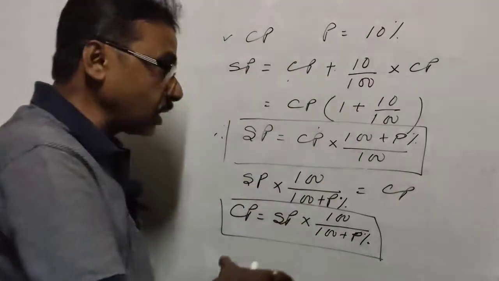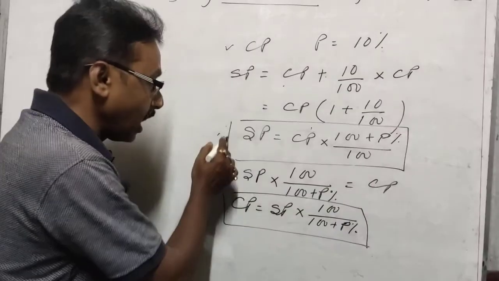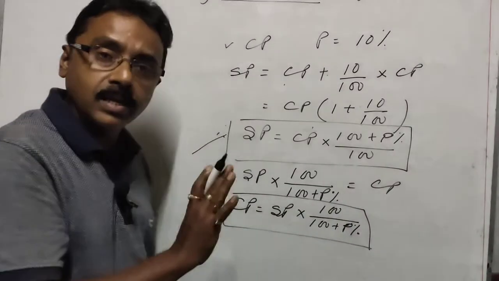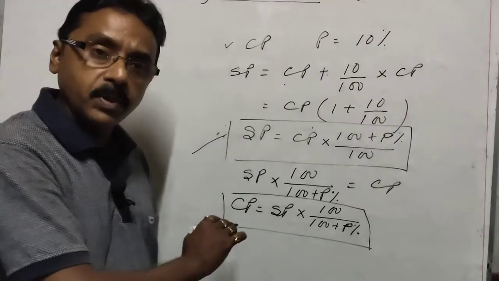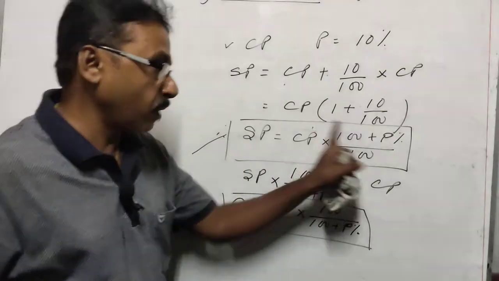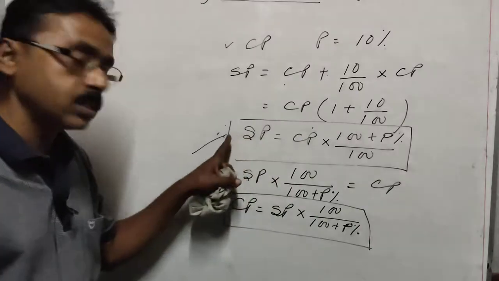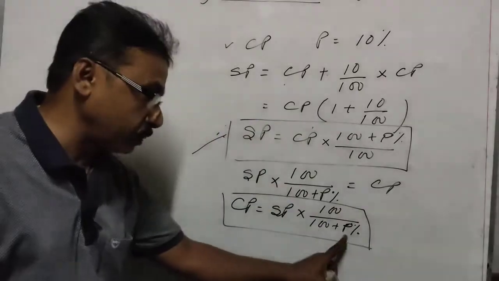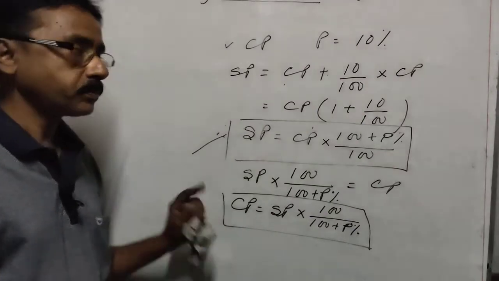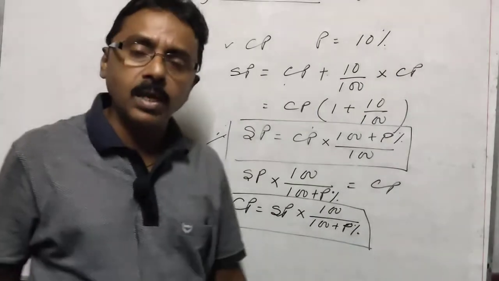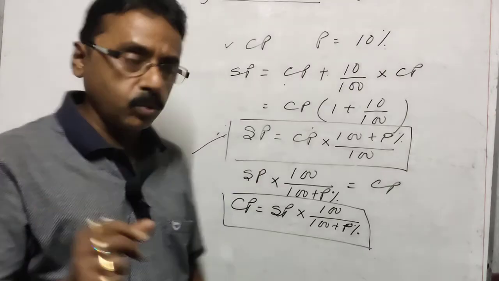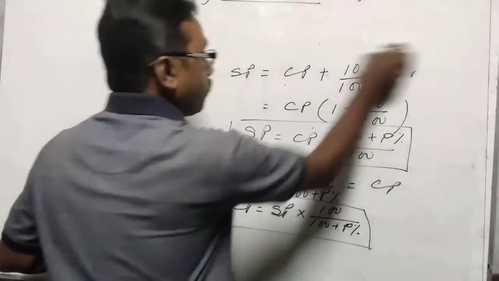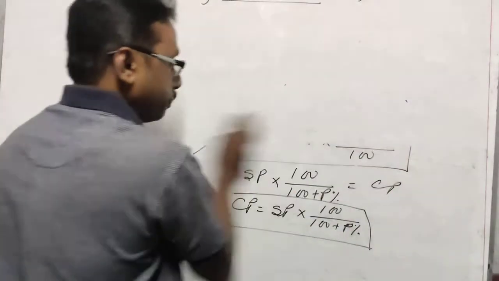So these are the formulas that I derived to find out SP or CP directly. If CP is given and profit percent is given, then we will use this formula to find out SP. Or if SP is given and profit percent, then this. Now I am going to take a few examples to explain this profit and loss part.